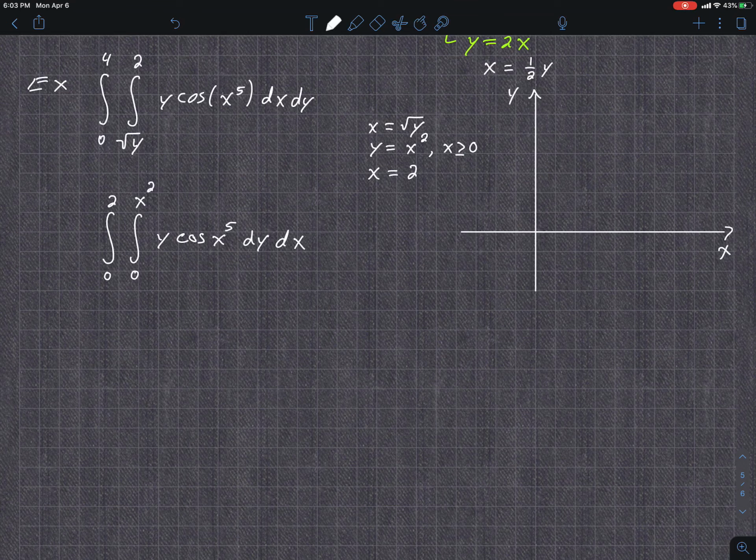And then we have x equals 2, and then we have y equals 0 to y equals 4.